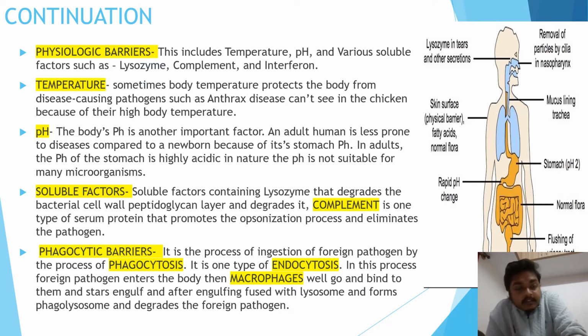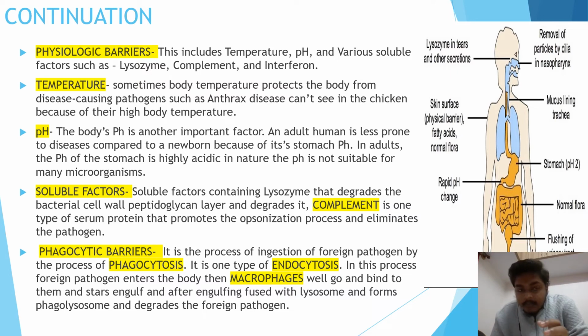Next are the soluble factors. The soluble factors contain lysozyme, an enzyme that is also present in our tears. This lysozyme enzyme acts on the peptidoglycan layer of the bacterial cell wall.